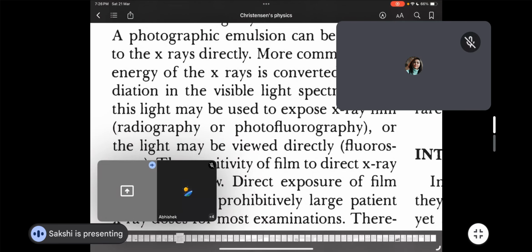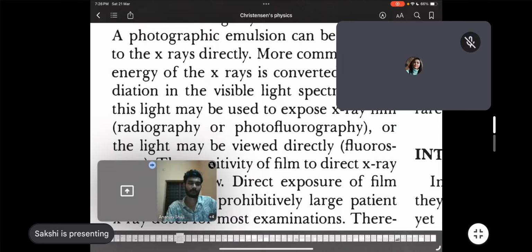Now everything understood? Any doubt till now? No, ma'am. So then what will happen? This energy which is coming from the X-ray will be converted into radiation in the visible light spectrum, and that only we will be able to see with the help of our eyes, right?